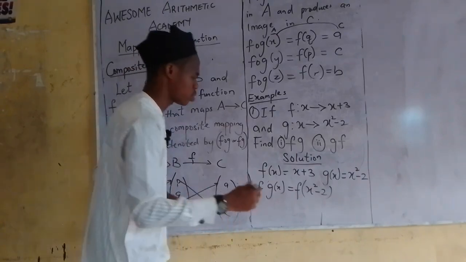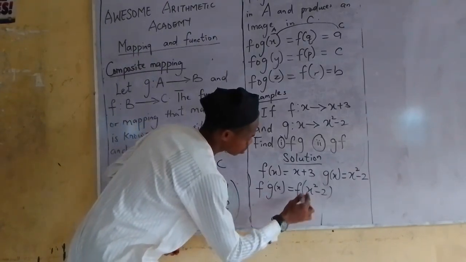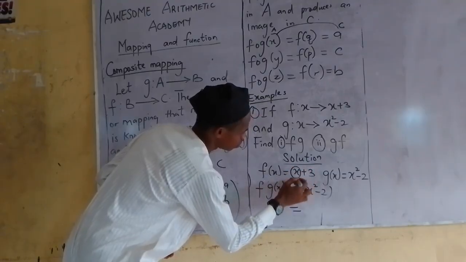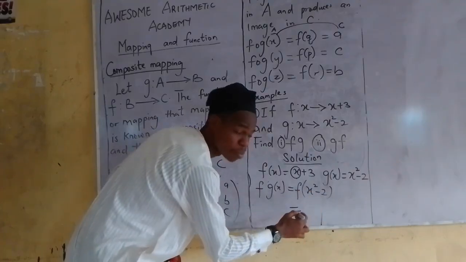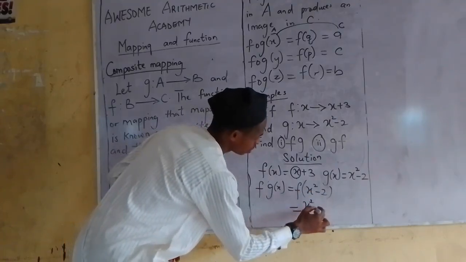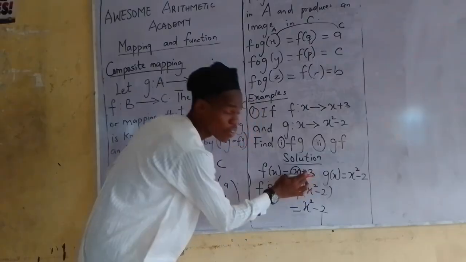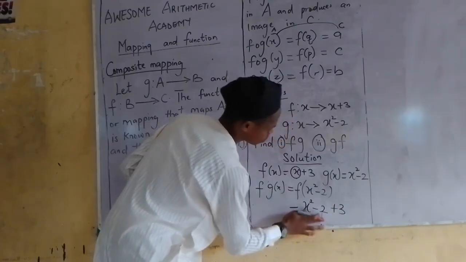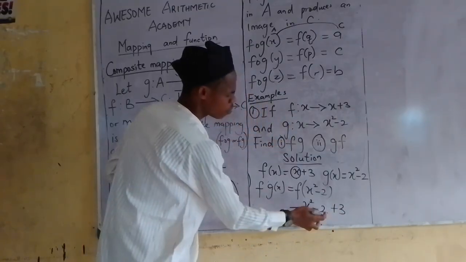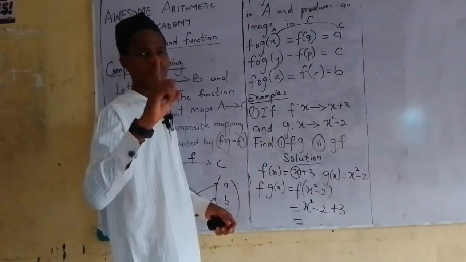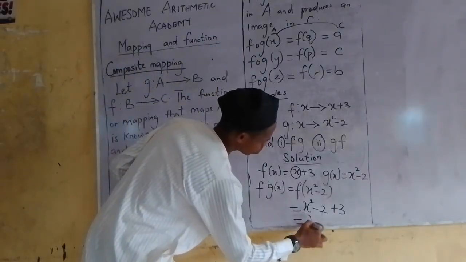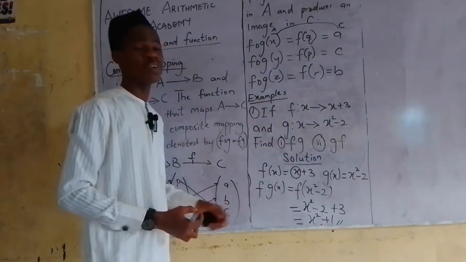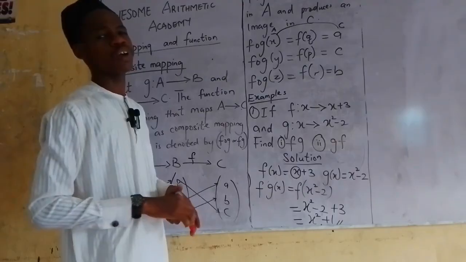So instead of writing x plus 3, this x will be replaced with this, which means I'm having x squared minus 2, then don't forget the plus 3 at the back. So minus 2 plus 3 will give me 1, which means I'm left with x squared plus 1. And that's the value of fg of x.